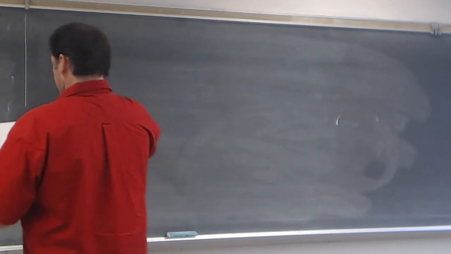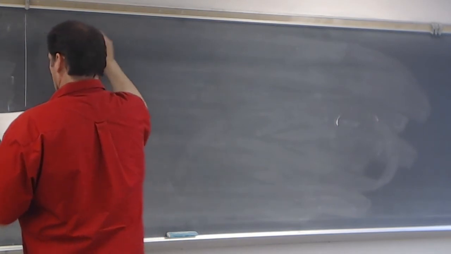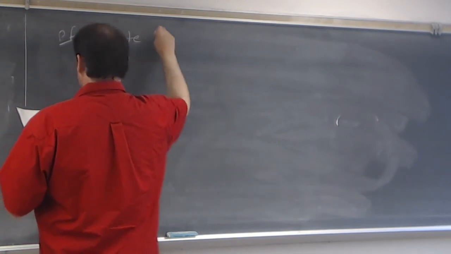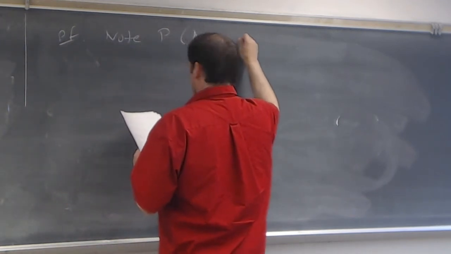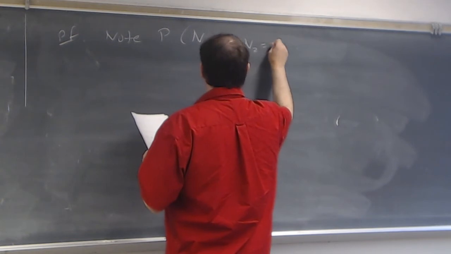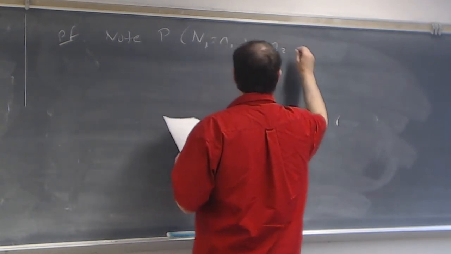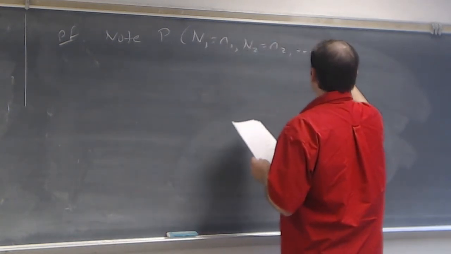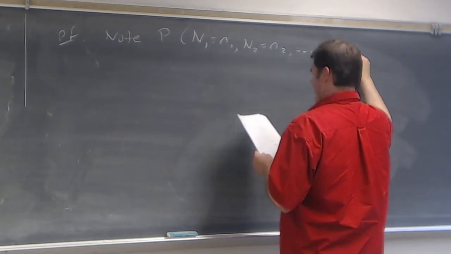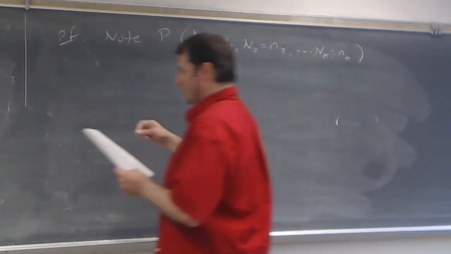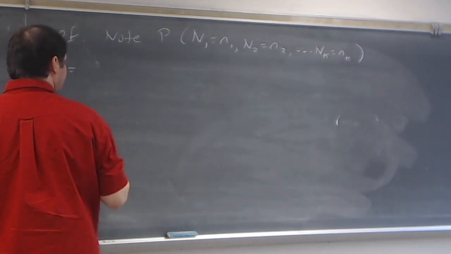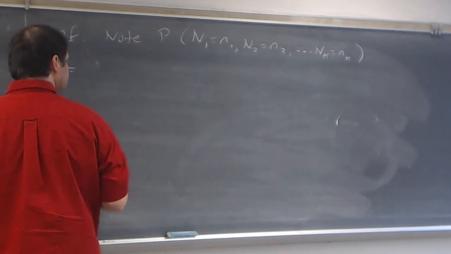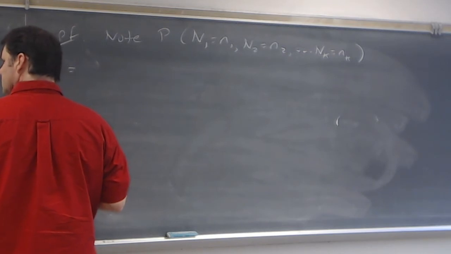Okay, so here's the proof. Note the probability that N sub 1 is equal to little n sub 1, N sub 2 is equal to little n sub 2, all the way up to N sub k is equal to little n sub k. That can be rewritten if we condition on big N, the total number.